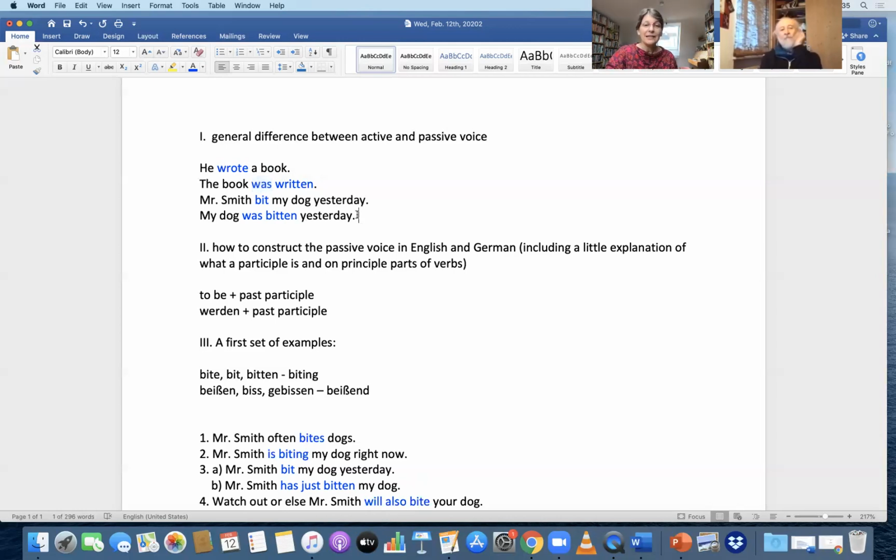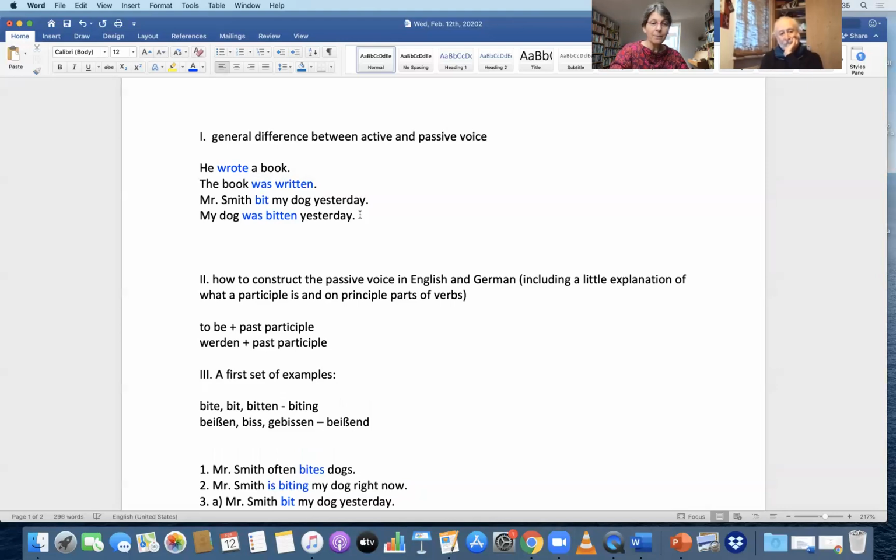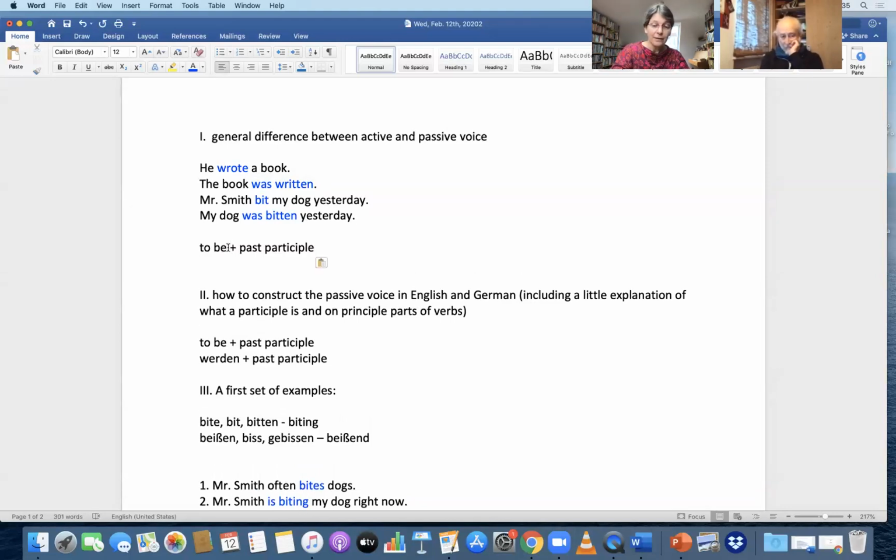Anyway, for English, in order to construct a passive voice, we need a form of to be in the tense that's called for, the appropriate form of to be, plus the past participle.